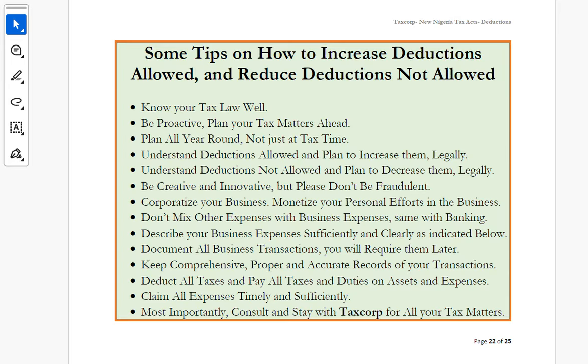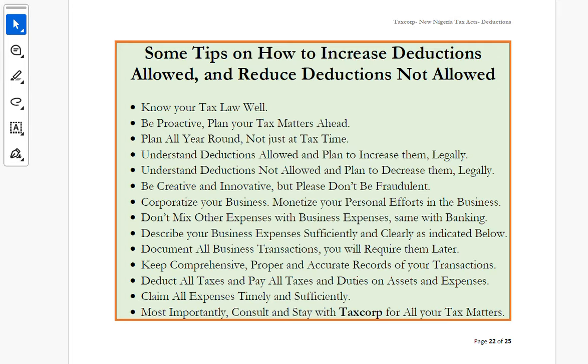Now, here are some tips on how you can increase your deductions allowed and reduce deductions not allowed, and thereby reduce your tax. First, please, we have always been emphasizing this: please know your tax law well, not just your tax advisor or Tax Corp. Second, be proactive. Plan your tax matters ahead. Third, plan all year round, not just at tax time.